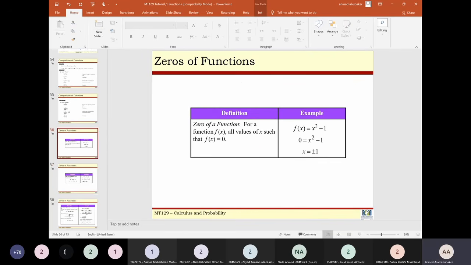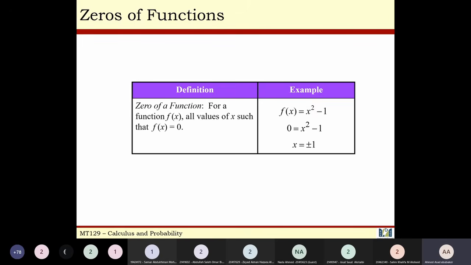What's the meaning of zero of a function? Look at this.